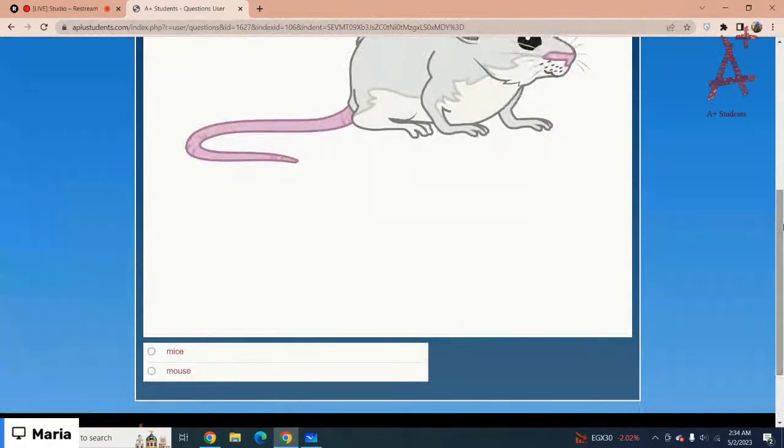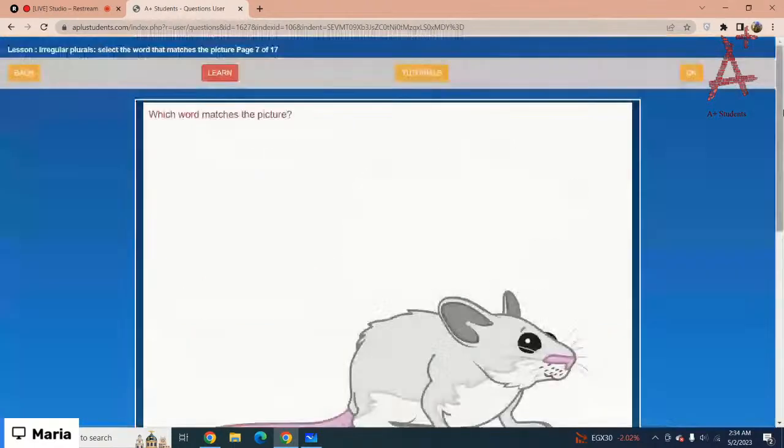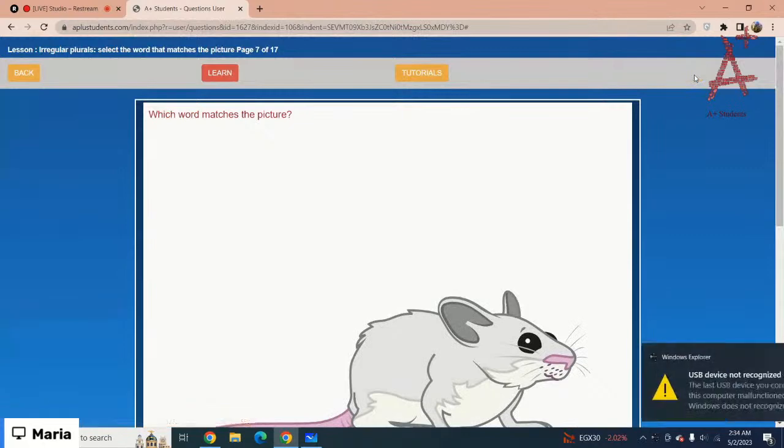Which is the correct option? It would be mouse. The singular one is mouse and more than one is mice.